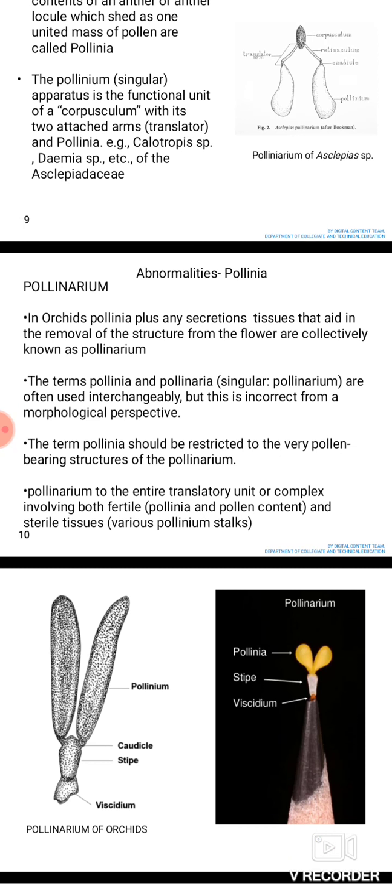The term pollinia should be restricted to the very pollen-bearing structures of the pollinarium. Pollinarium refers to the entire translatory unit or complex involving both fertile, that is pollinia and pollen content, and sterile tissues.